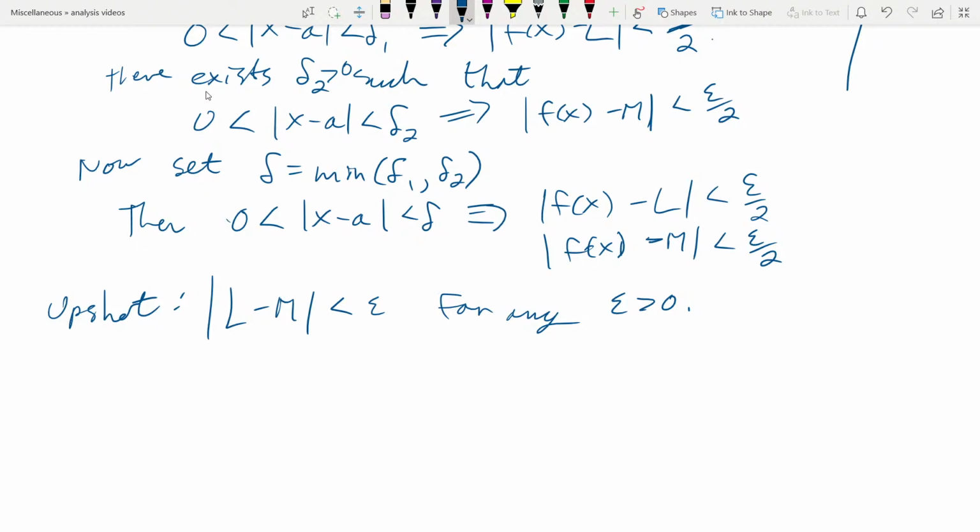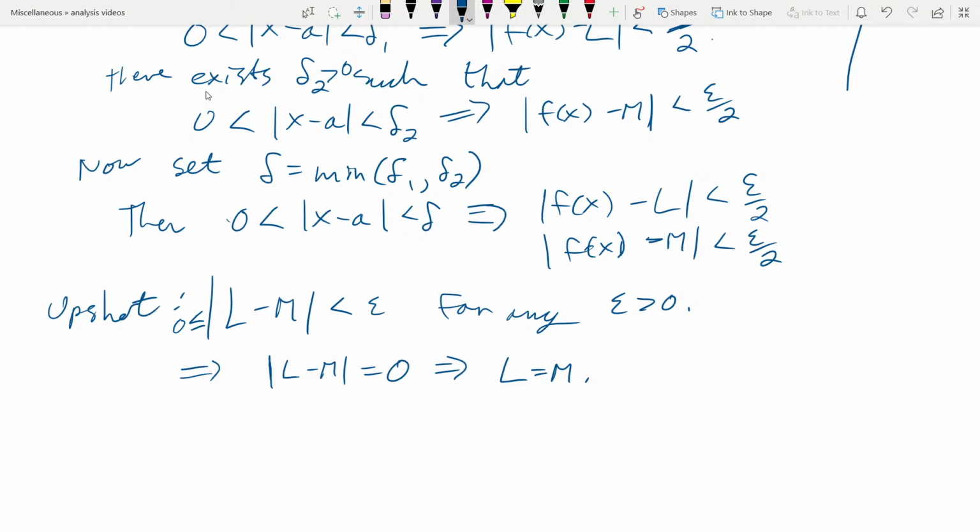Well, it's an absolute value, so it's also going to be non-negative. This actually implies that it is equal to 0. And of course, that means that L and M are equal.